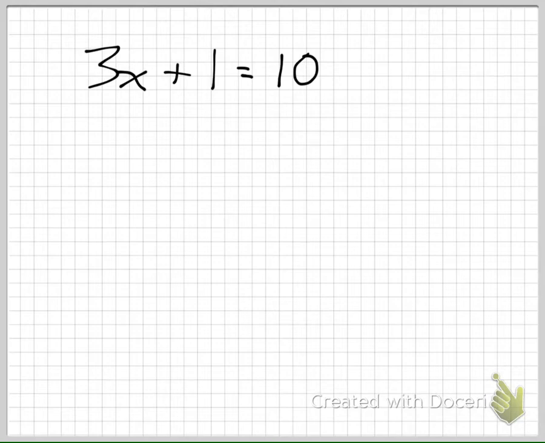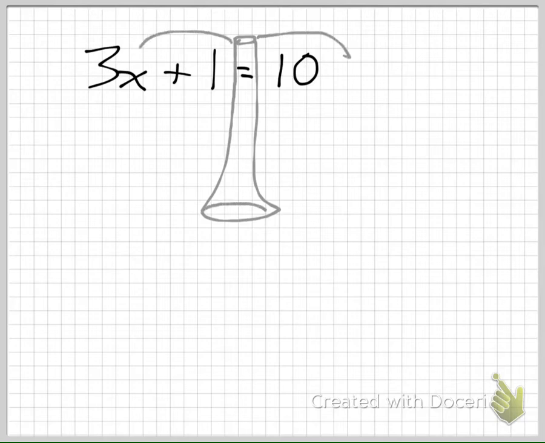We're going to pretend like this guy right here, that equal sign, is the foundation of a balance. You guys know what a balance is? You ever seen one of these, where it goes like this, and then you've got your little scale, right? A balance, a scale.